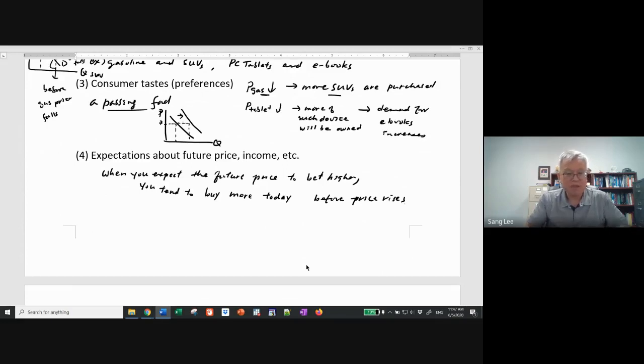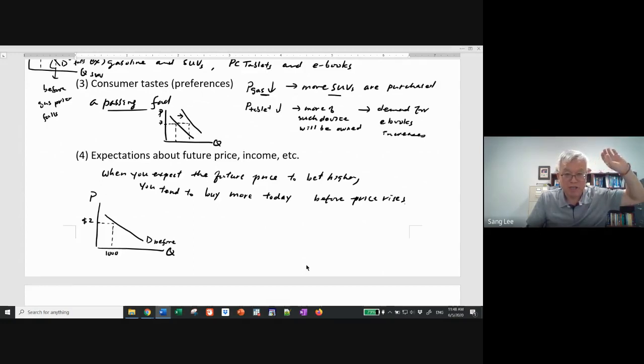So let me use demand curve again here, price and quantity demanded. So here, demand curve. So this is before you form such expectation. Okay, so price is, let's say $2, and people consume 1,000 gallons of gasoline, for example. Now a hurricane is brewing, and so people form such expectation.